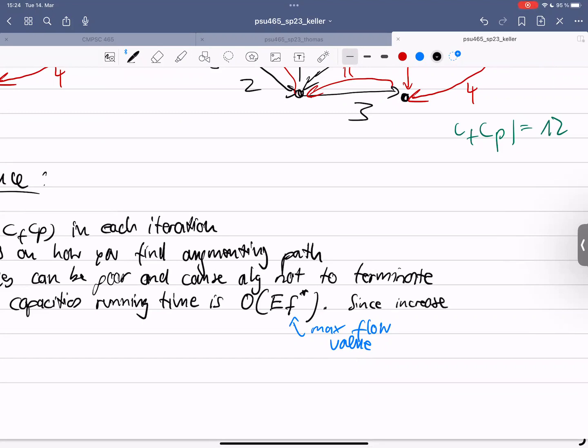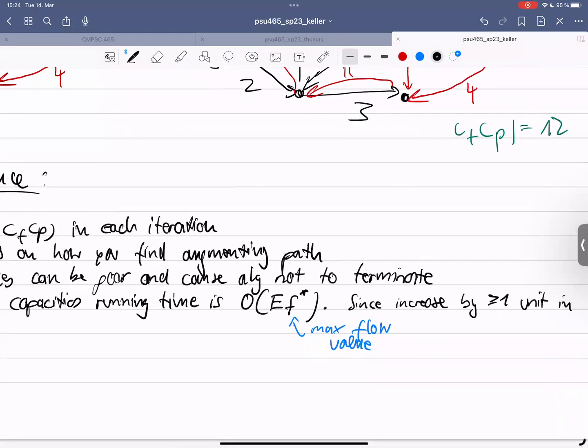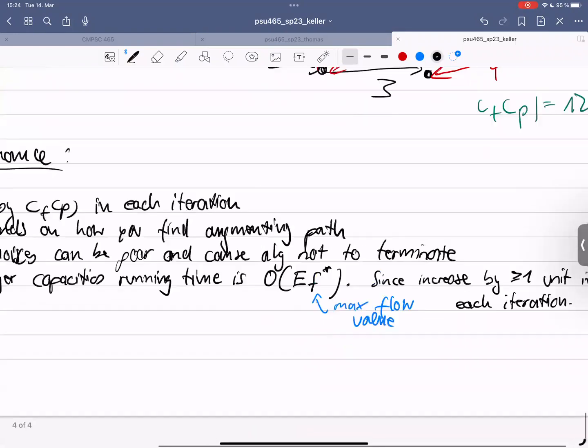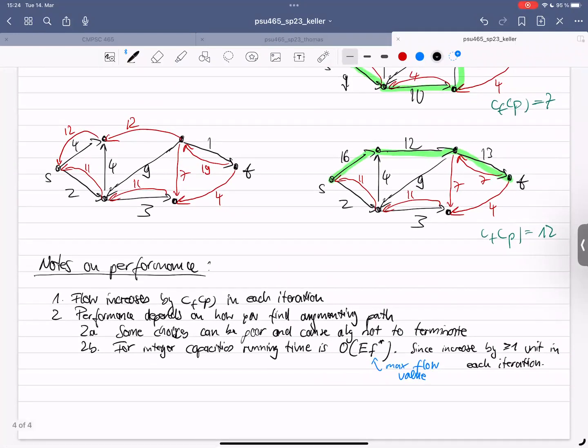So we see this increase by at least 1 unit each iteration. And this doesn't really concern the exact actual performance of the algorithm, but it's still an important note to make at this point.